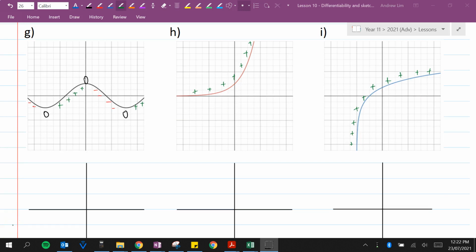Okay, in question G, I've labeled my gradients. So I'm going to just record where the x-intercepts are. Right here. Those are my x-intercepts. I'll do the left part and the right part.